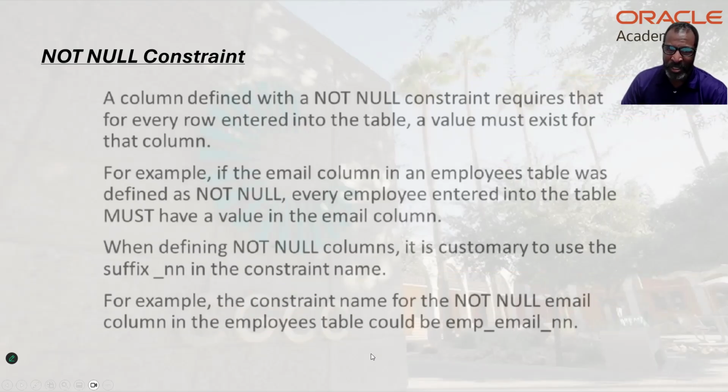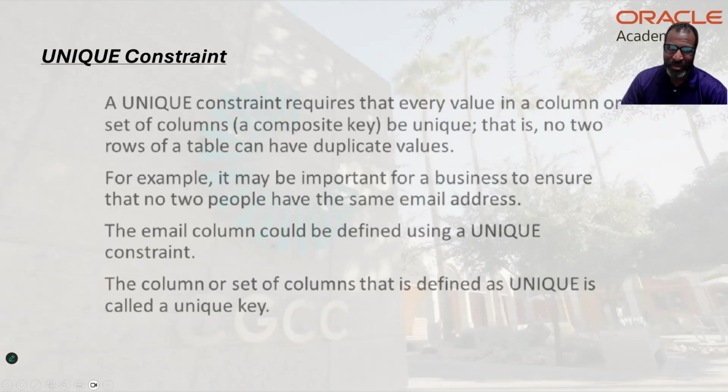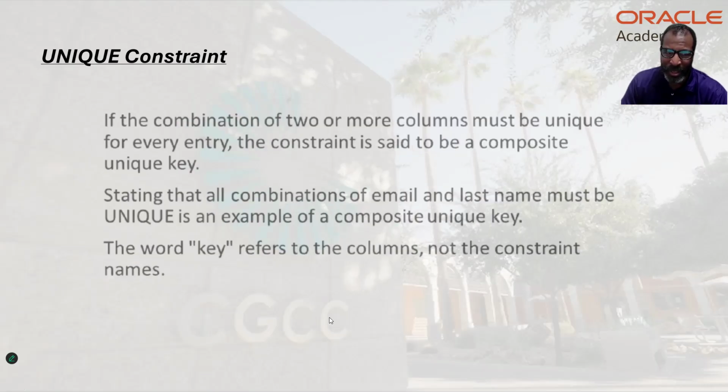If it's listed as not null, it has to have data; you can't have null in that column. The unique constraint requires all the values to be unique. If there's any type of duplication, you get a constraint violation error. We all know what the term unique means. Emails have to be unique. Phone numbers are usually unique too, unless you have an employee that has the same phone.